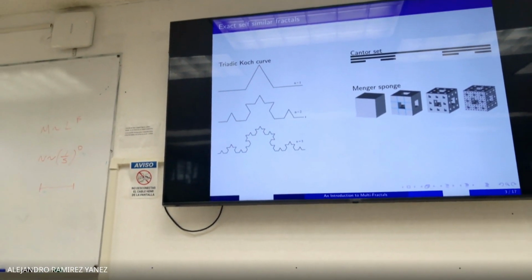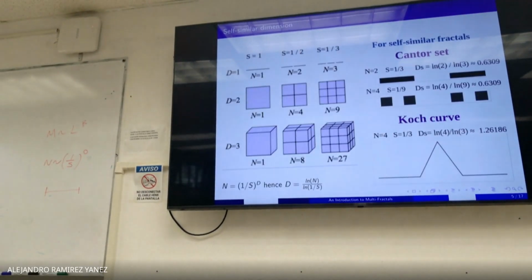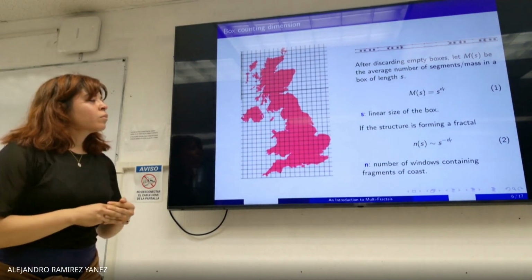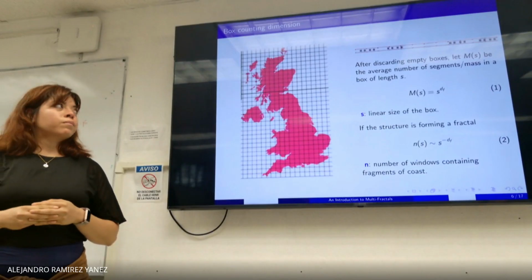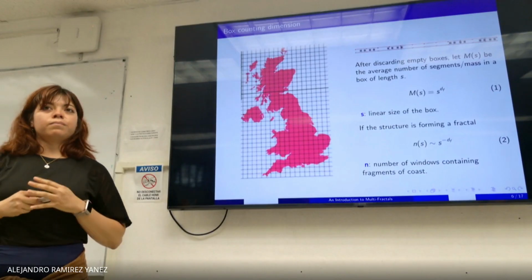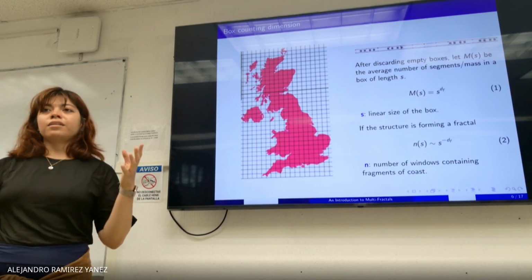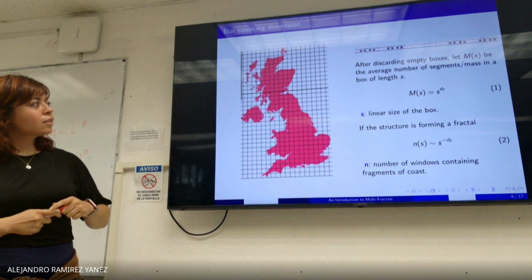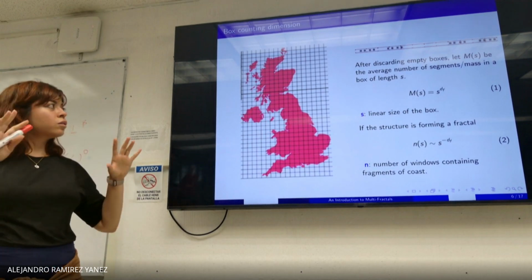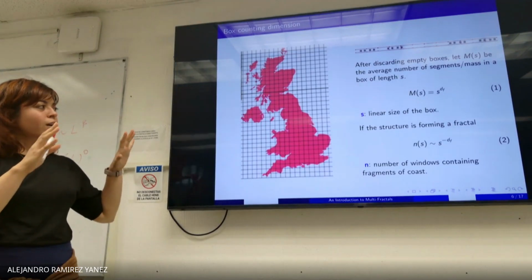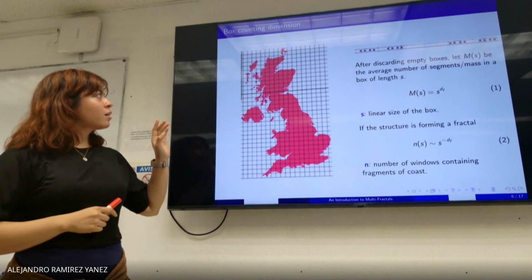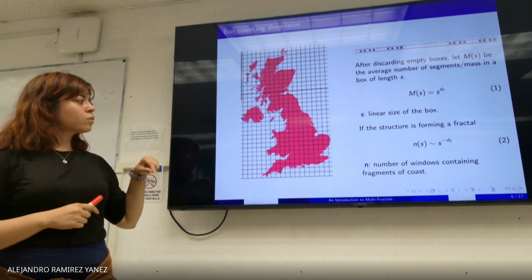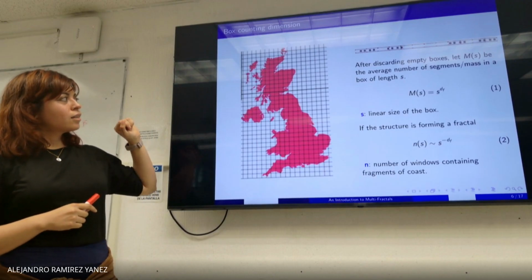Because until now, he is talking about mostly the formation and exact self-similarity. Now, the most used method for measuring the fractal dimension on real objects is the box counting method. This consists in putting a grid over your fractal, and then you count how many of these squares contain your fractal.